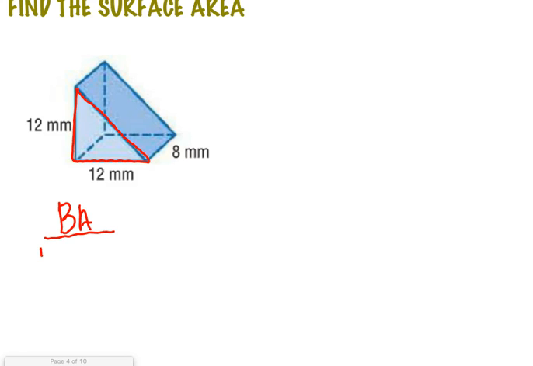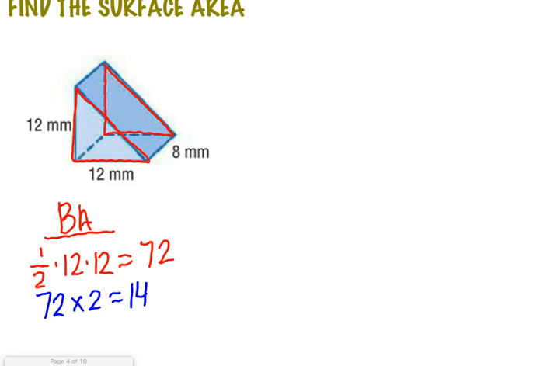So I'm going to take half 12 times 12. So that's our formula for a triangle. So half of 144 is 72. And I know both those bases are the exact same. So 72 times 2 is 144.